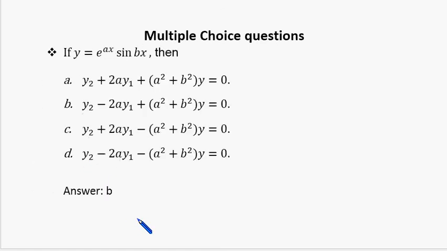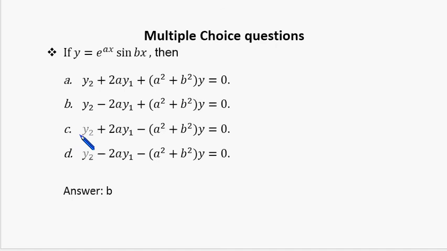The next one: if y is equal to e power ax into sin bx, then option A is y suffix 2 plus 2a y1 plus (a square plus b square) into y is equal to 0. Option B, y2 minus 2a y1 plus (a square plus b square) into y is equal to 0.